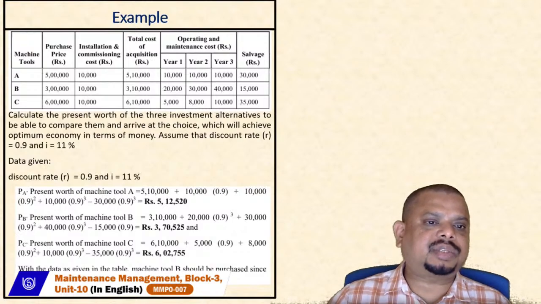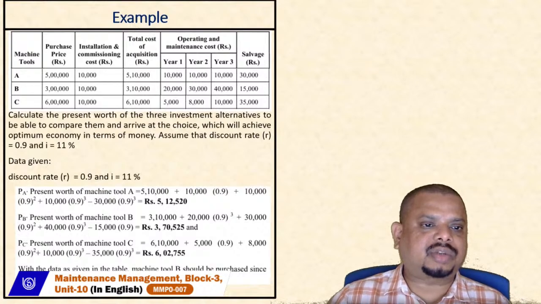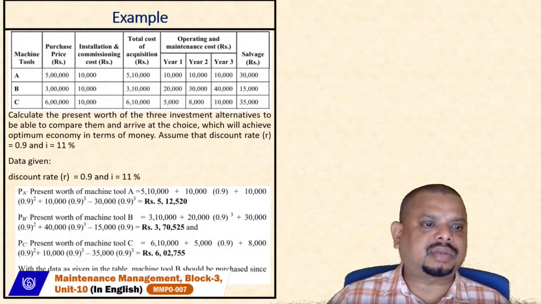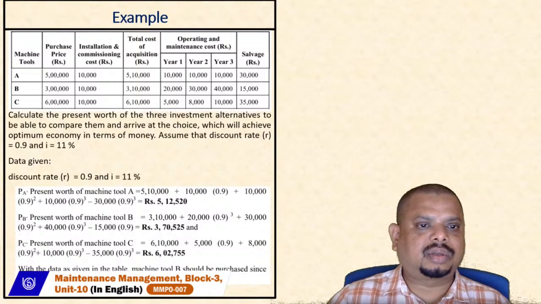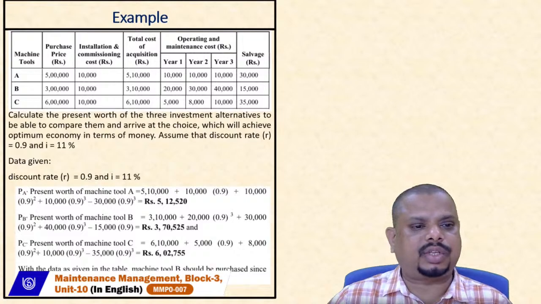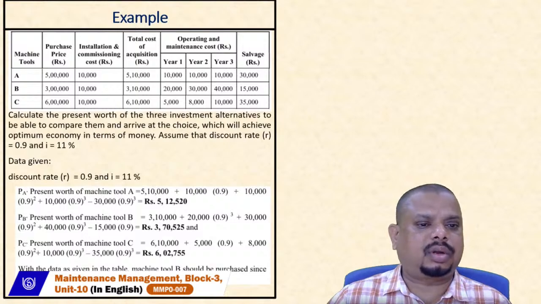The installation and commissioning costs are 10,000 for each of machine tools A, B and C. So the total cost of acquisition is 5 lakhs 10,000 rupees for machine tool A, 3 lakhs 10,000 for machine tool B, and 6 lakhs 10,000 rupees for machine tool C.